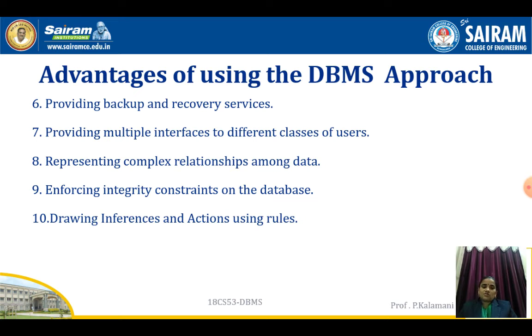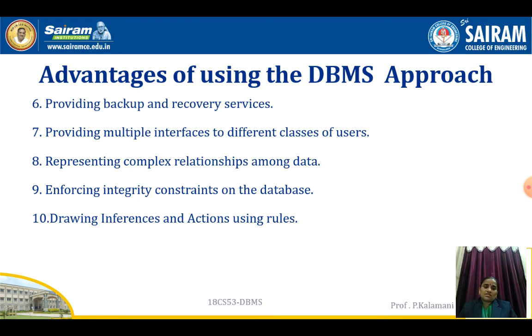Each user is provided different interfaces. Representing complex relationships among the data and enforcing integrity constraints on the data: it should satisfy the constraints. For example, in a bank, a minimum balance should be maintained for each SB account, and all such constraints. Drawing inferences and actions using rules: we are going to study triggers and assertions in the third module.